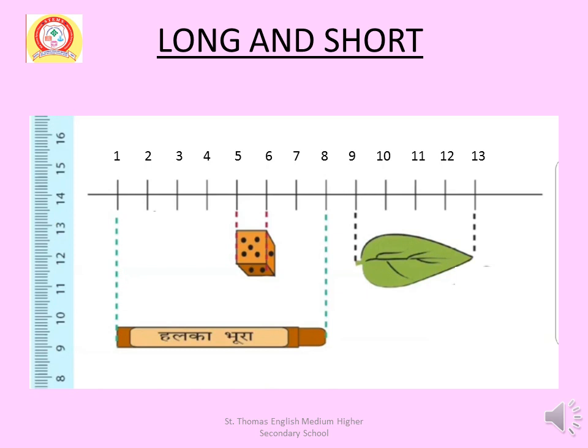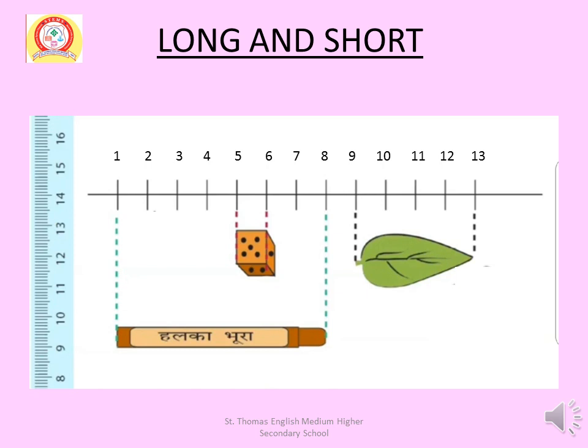Clear? Now, the crayon measures between 1 and 8. That means 7 divisions. So, the length of the crayon is 7 centimeters.